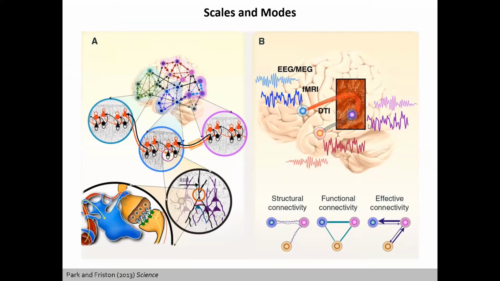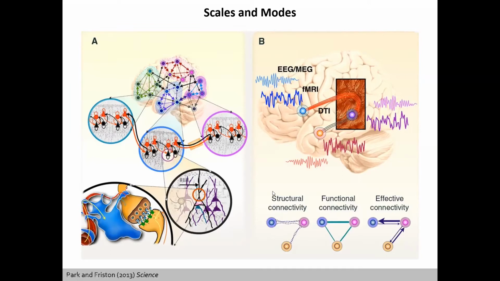We can observe the brain with different modalities, from structural modalities that look at fiber pathways and tracts, such as diffusion tensor imaging or DTI, to modalities that observe brain activity through metabolic hemodynamic signals, such as the fMRI, functional magnetic resonance imaging, or EEG and MEG at the electrophysiological level.